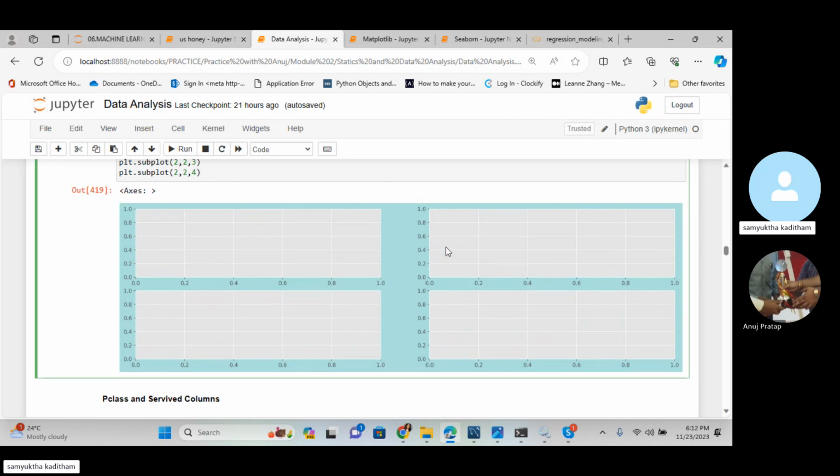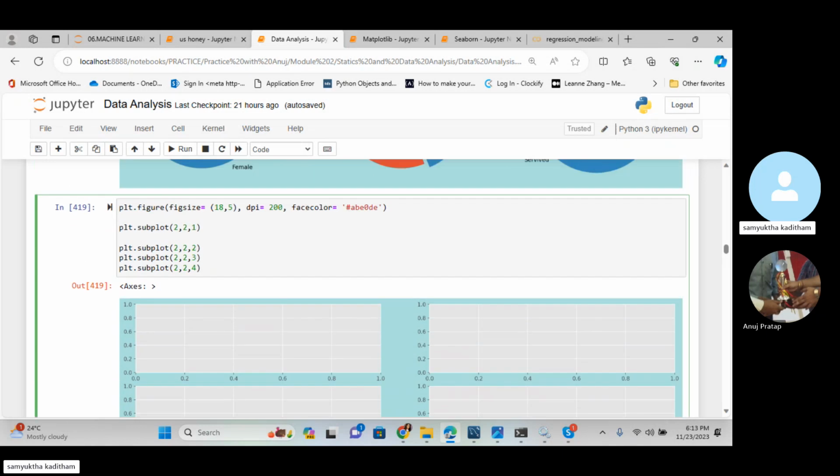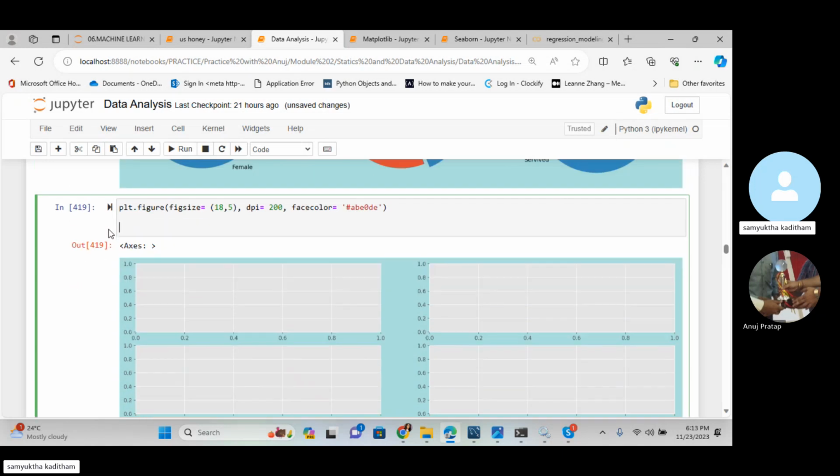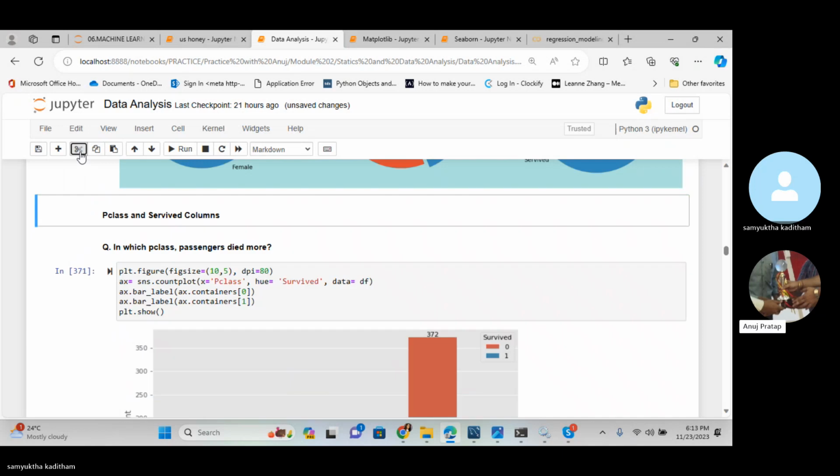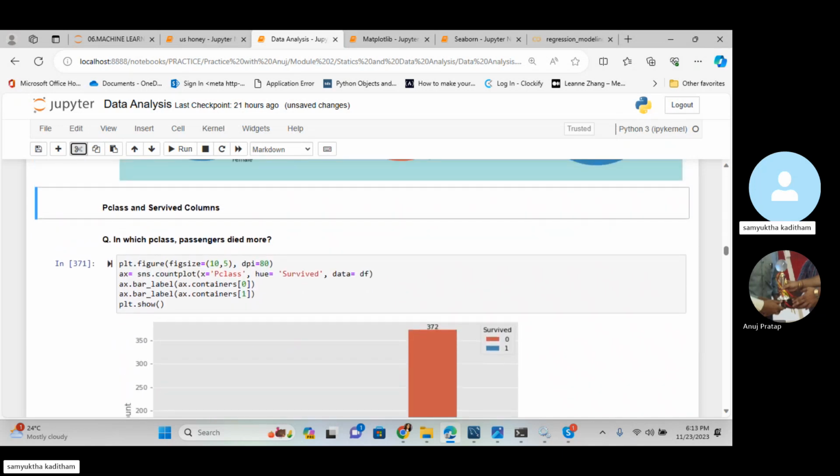These are empty figures, just a background. It gives space for 4 plots because you selected 4 subplots.